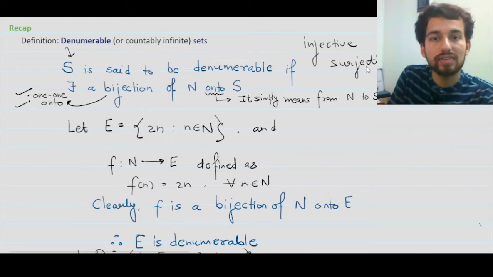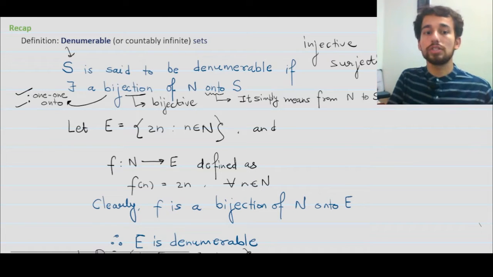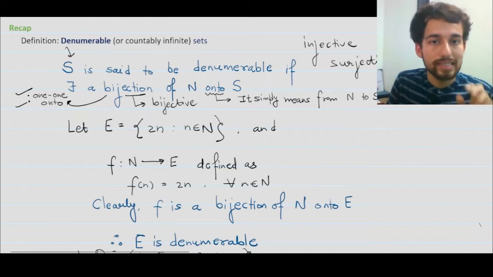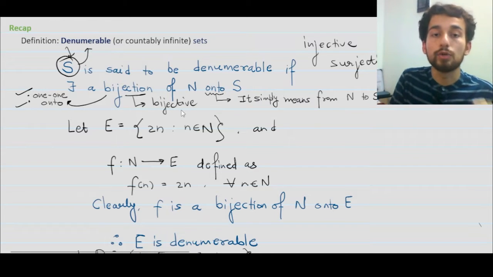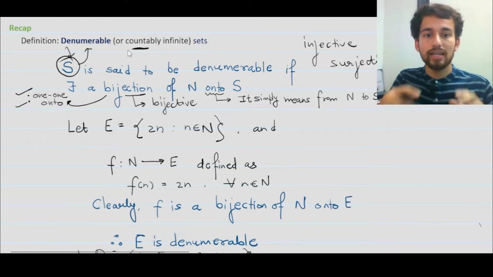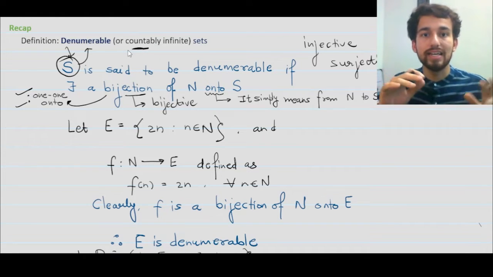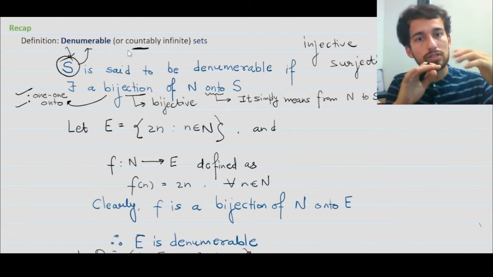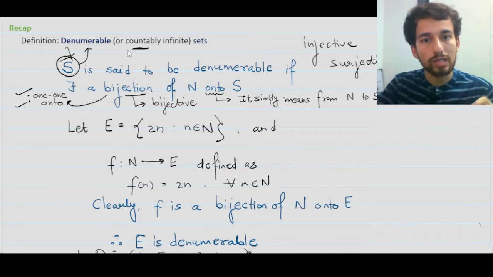When any function satisfies these two properties, such a map is called a bijection, or bijective. In such cases we say that the set S is denumerable or countably infinite. Countably infinite means you can count the infinite elements of this set by assigning each element to a natural number through a one-to-one correspondence.